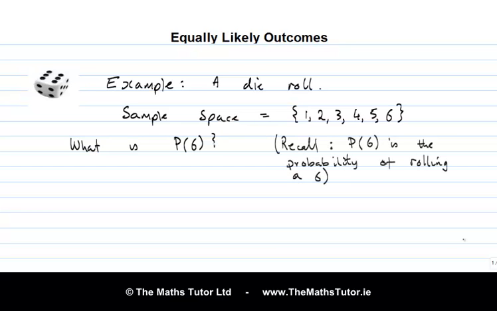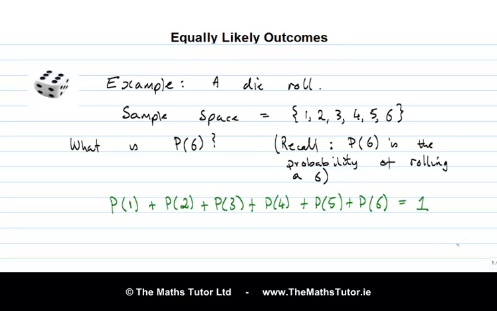Okay, so what do we know about probabilities? Do we know anything that could help us work out what this number is? Well, we've seen in an earlier lesson that one key thing about probabilities is that if we add up the probabilities of all the outcomes, we get 1. So here's that fact written down as an equation.